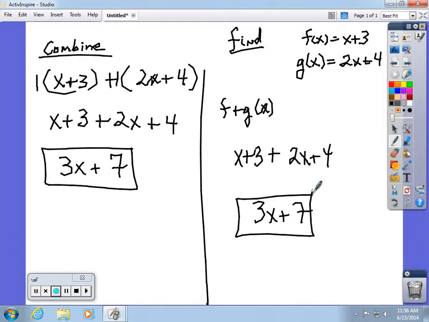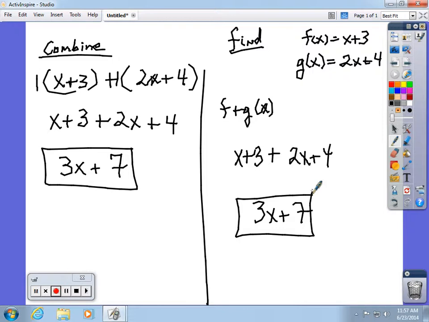Remember when you were given parallel lines, y equals 4x plus 6 and y equals 4x plus 1? They just give you two equations, and you look at the slopes to see if the slopes are equal.